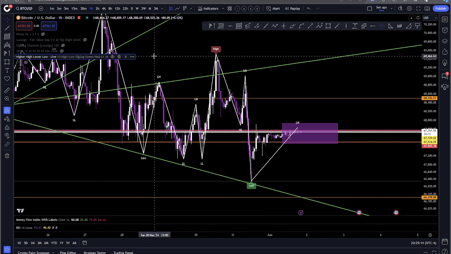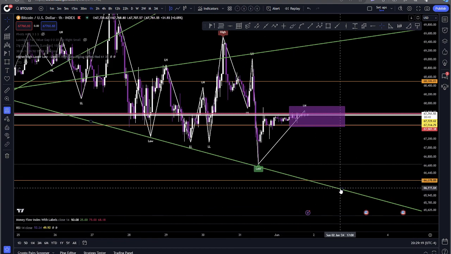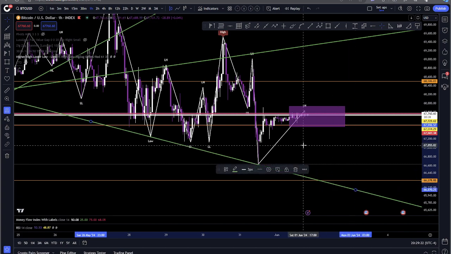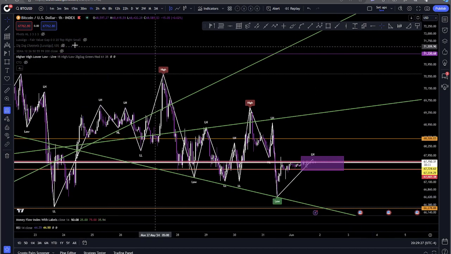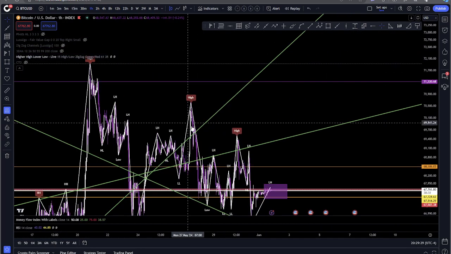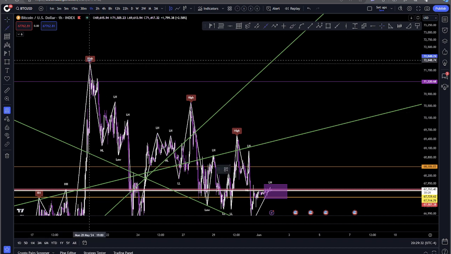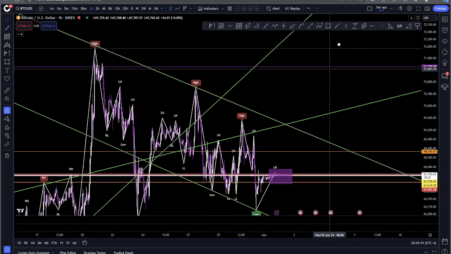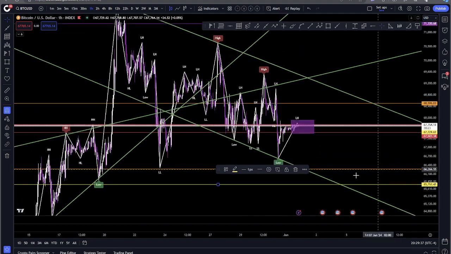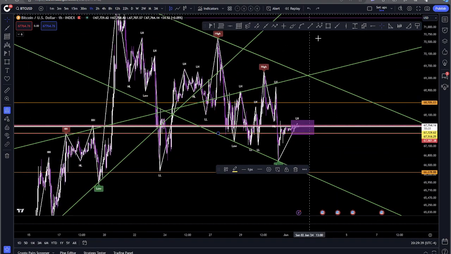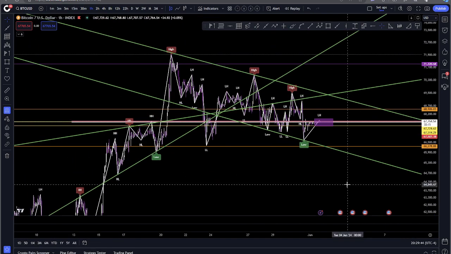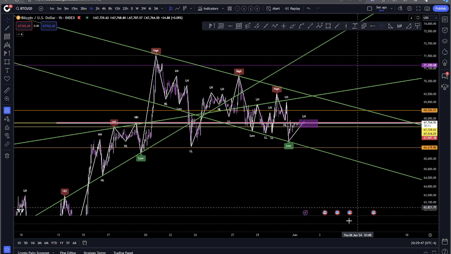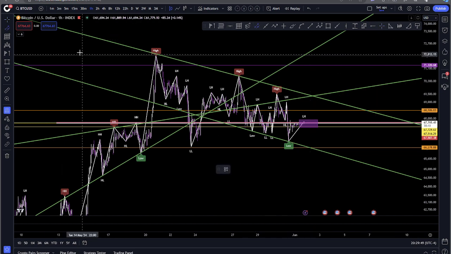Right, because we have 1, 2, if this is 3, 4, 5. Usually patterns break out on the 5th touch. Oh, see how beautiful this is, marking key highs? That's why I love my higher high, lower low. So here, could it be a flag? Right, this looks like a channel.